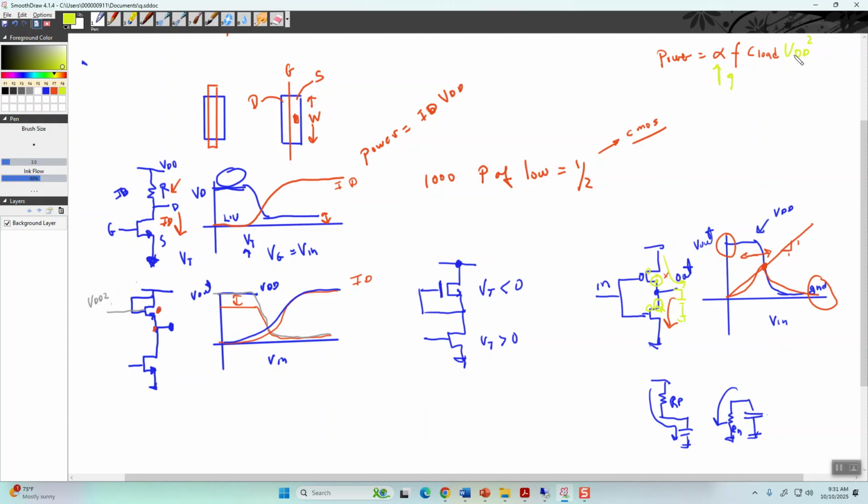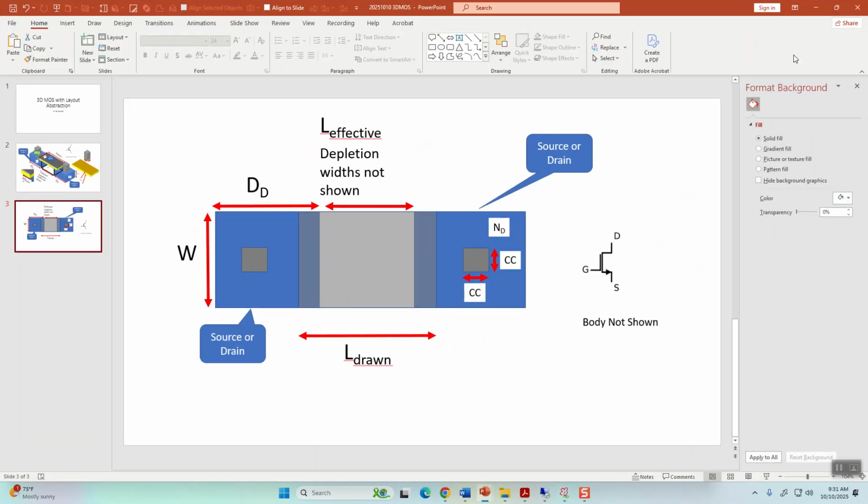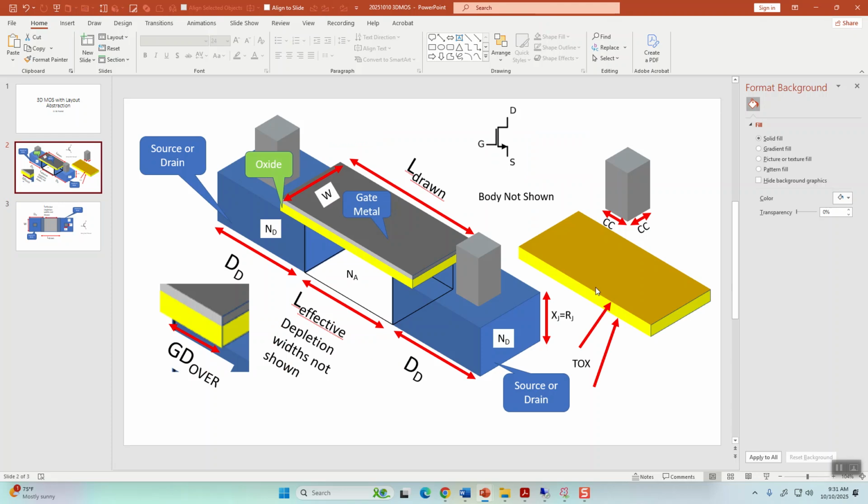Now, there's a lot going on with power density here, okay? So if I scale this length by a half, in scaling theory, then on average I can scale the width by a half. And then on average, I can scale xj by a half.